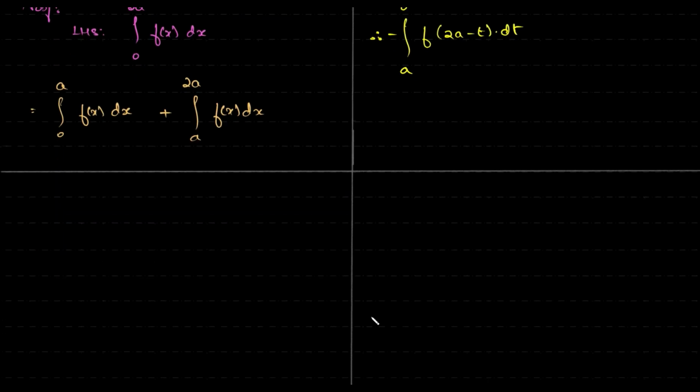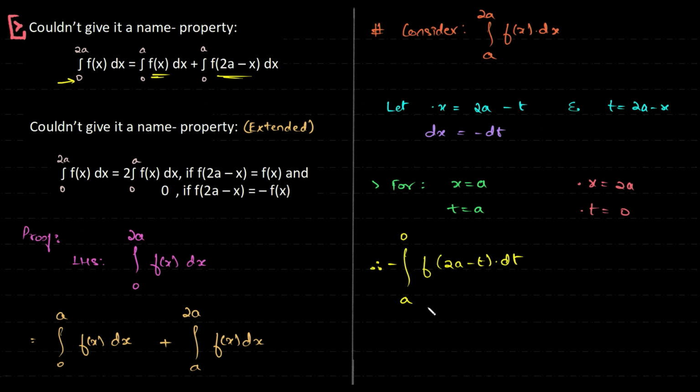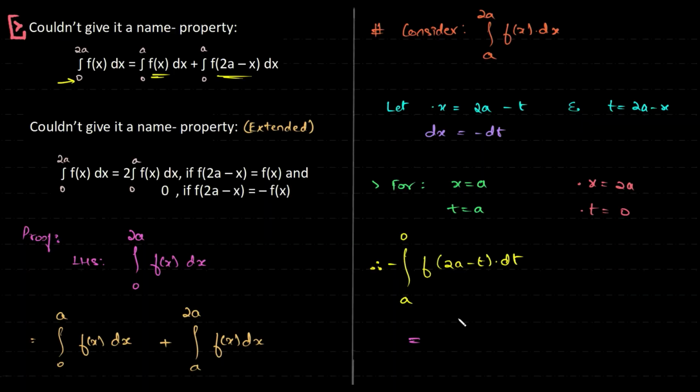Now, one last thing, I can do it here itself. Using the second property, I can do this 0 to a f of 2a minus t dt.